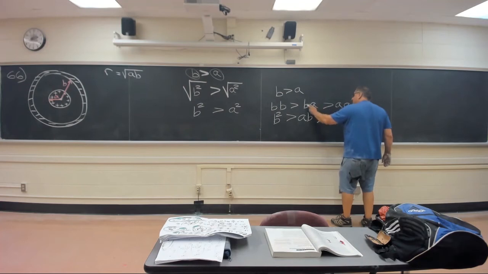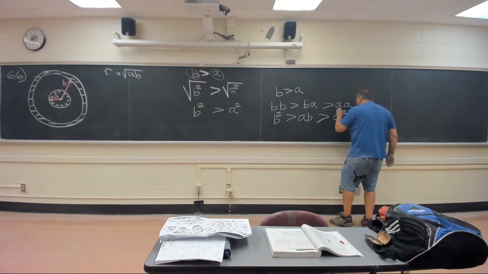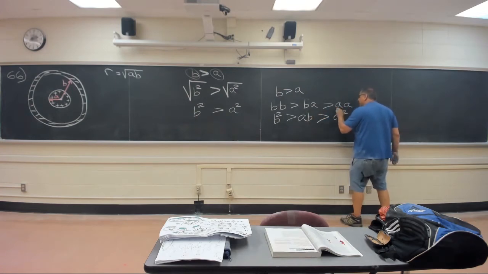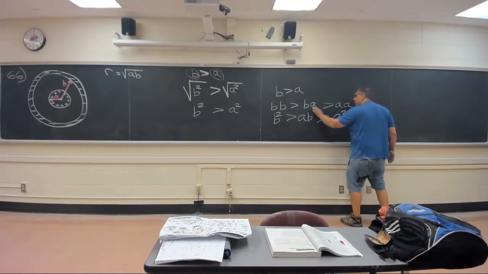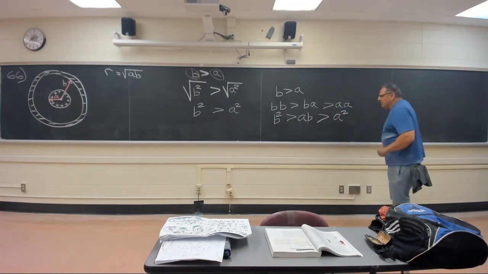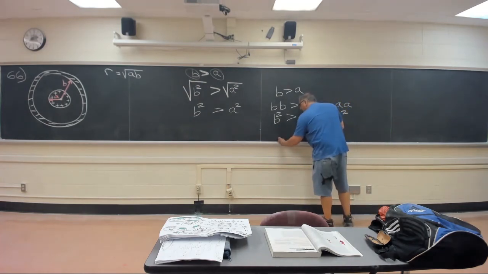If you multiply the A by B, and you multiply this A not by B but by a smaller number than B, A for example, you get this. Interesting. What does that mean?